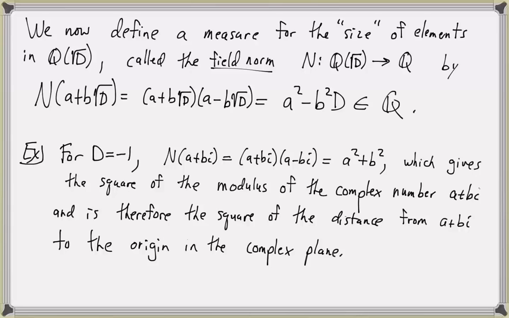So we can see how this field norm measures the size of an element. The larger the norm, the farther away that element is from the origin in the complex plane.